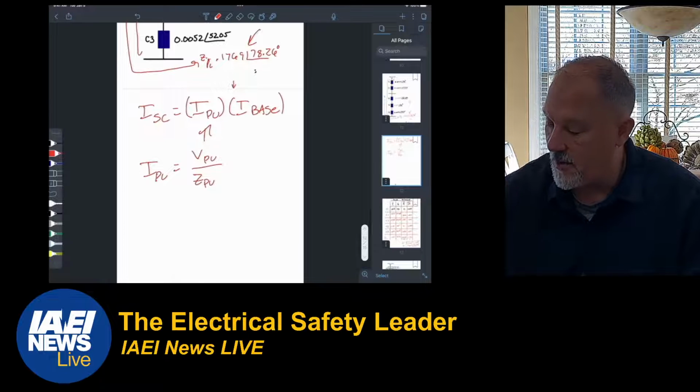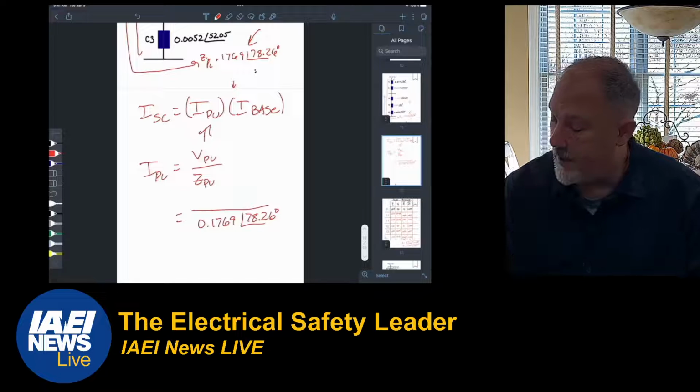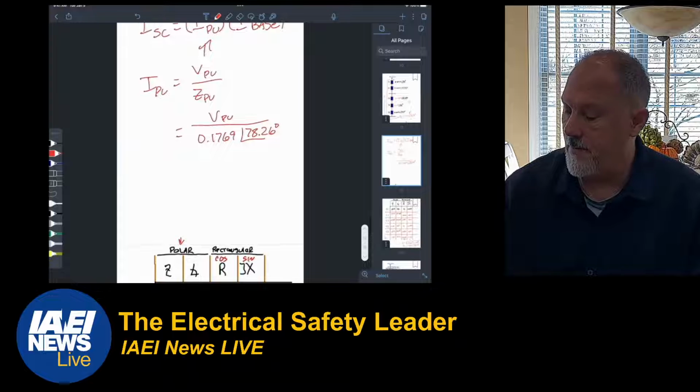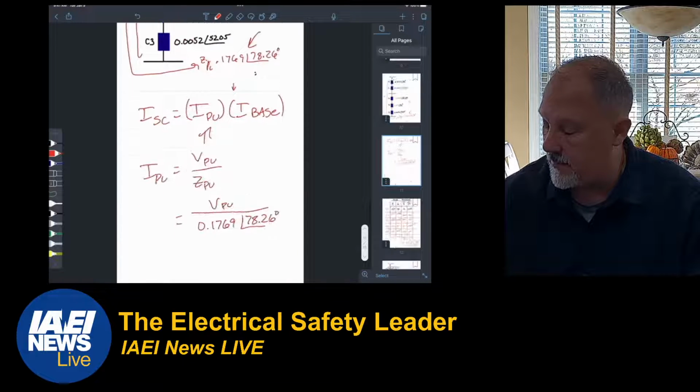So we know Z per unit is 0.1769 at an angle of 78.26 degrees. Okay. Now, what is V per unit? Where are we at in the system? We are at the 208 volt system.